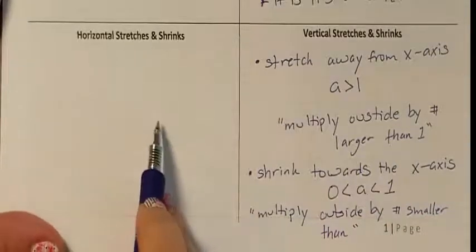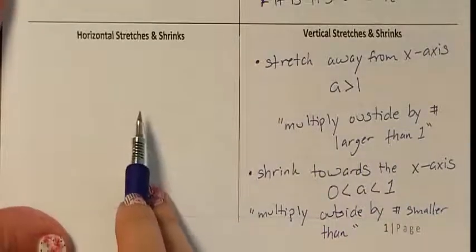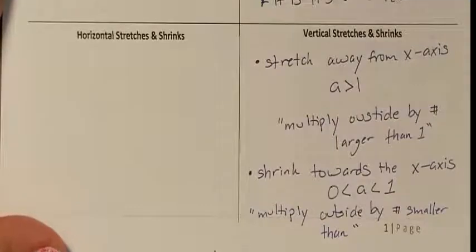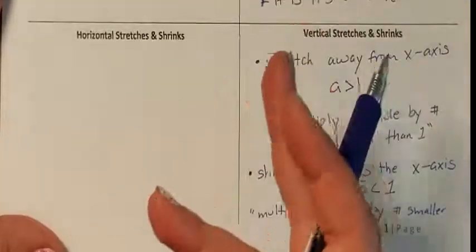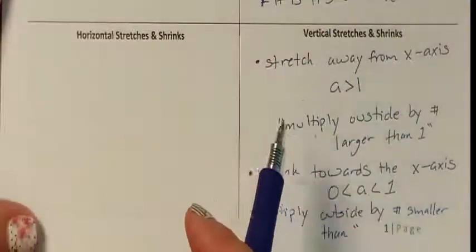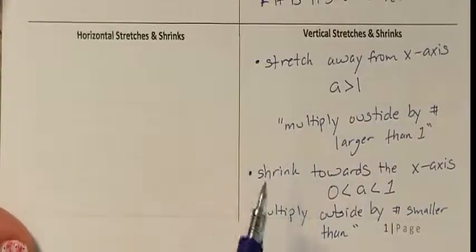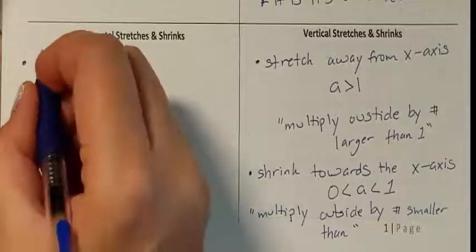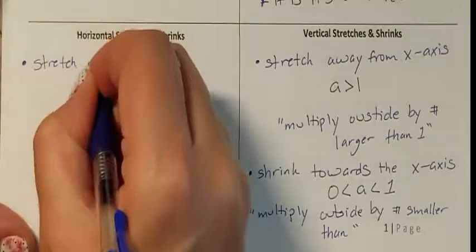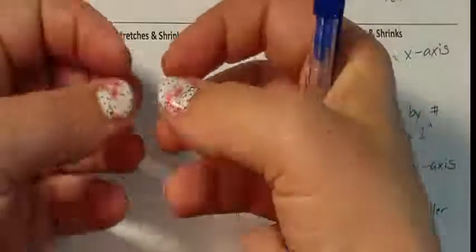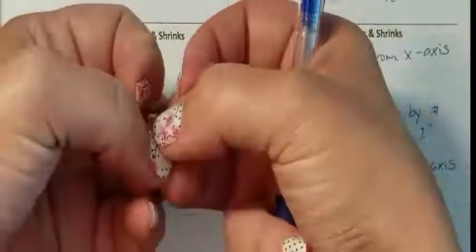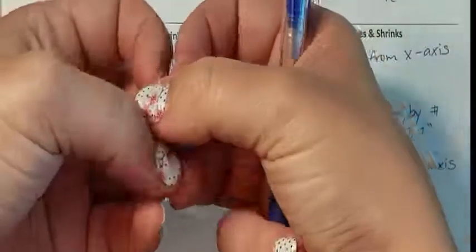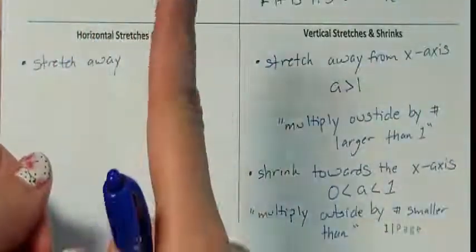Now, horizontal technically does not exist in vertex form. So we have to mess with the math problem and make it be vertex form, and then it actually starts looking like a vertical stretch. If I was a horizontal stretch, you were going to stretch away from something. Now if it was horizontal moves this way, and the axis that you are moving in relation to is away from the y-axis that sits here.